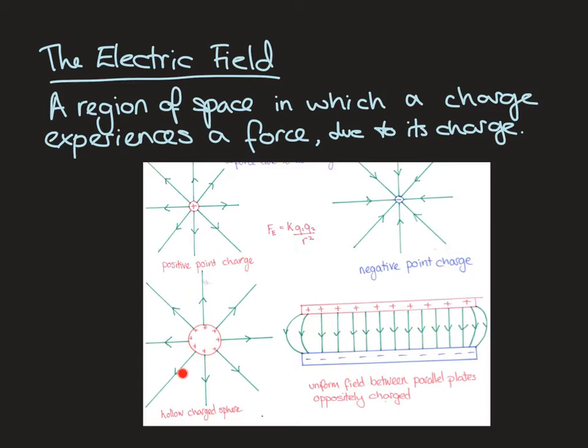We've also got the field line pattern here for a hollow charged sphere. And as we've seen in previous fields, we've got the field lines going from the outside of that hollow sphere. We haven't got field lines in the hollow sphere. And we've also got here the field line pattern for a uniform field between two plates that have got opposite charges.